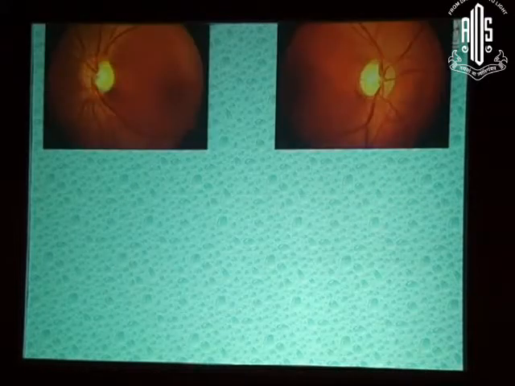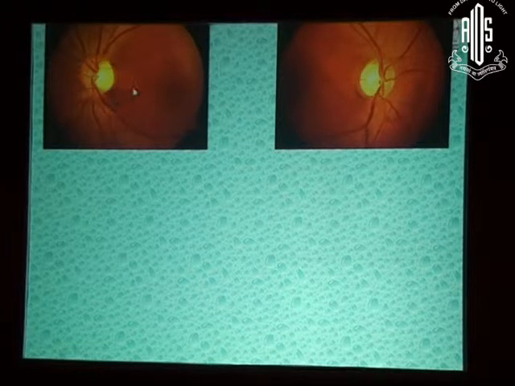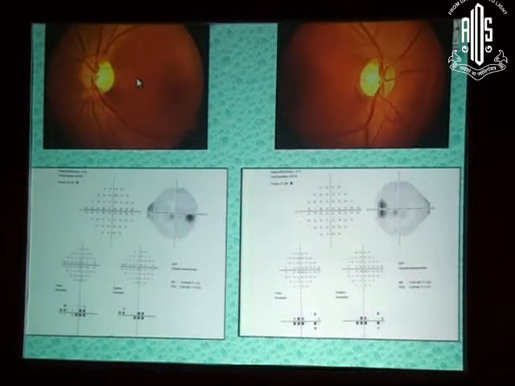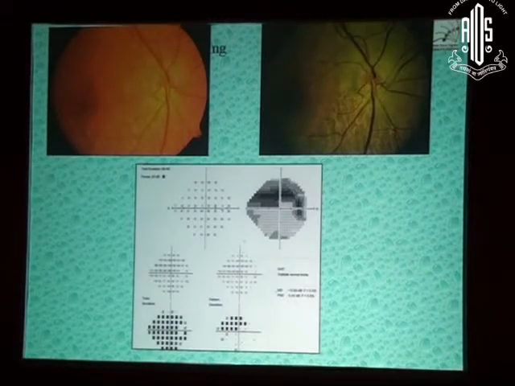What about this? The cup is not that well defined, but there is some generalized as well as temporal pallor. So think, if you get the field, you may get some neurological field like the centrocecal scotoma. This patient is having hereditary optic atrophy. What about this disc? Small tilted disc, but definite arcuate scotoma.